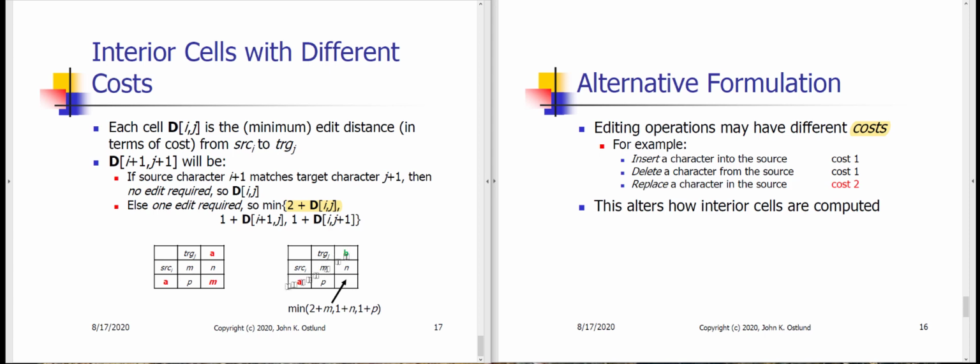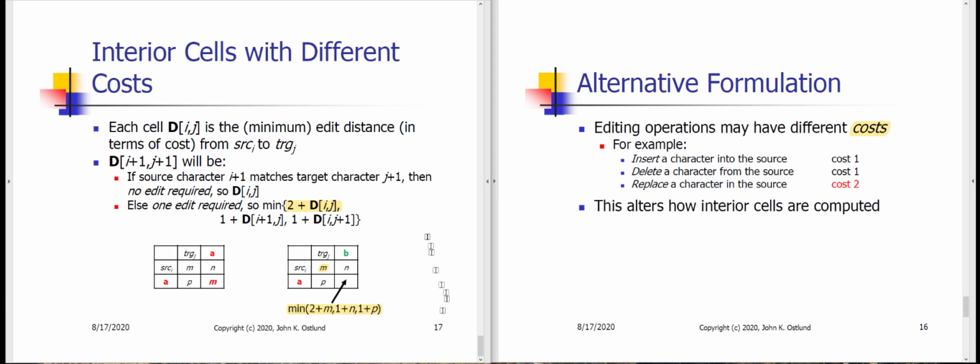But in the case where the two characters are different, now, in order to get from one of these other cells to fill in this cell for A versus B, we're going to have to figure out the minimum of 2 plus M, which is the cost of doing a replacement, or 1 plus the cost of doing an insert, or 1 plus the cost of doing a deletion.